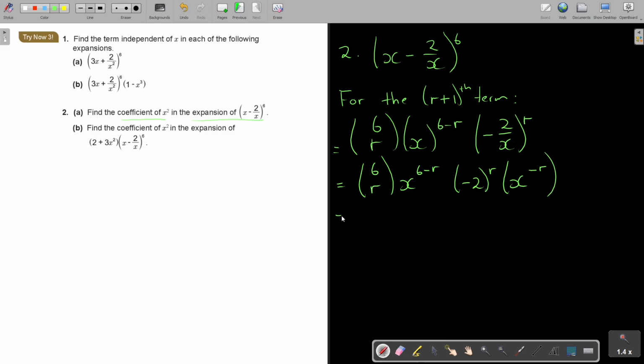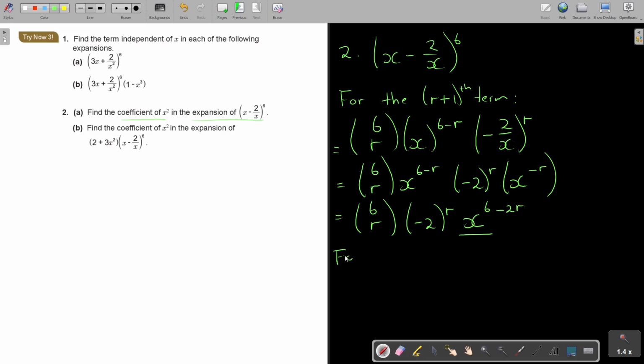Okay, so if I just simplify this, 6 choose r, now put the negative 2 there, and then the x. So it's x to the 6 minus 2r. Do you see that? I always put the x at the bottom.